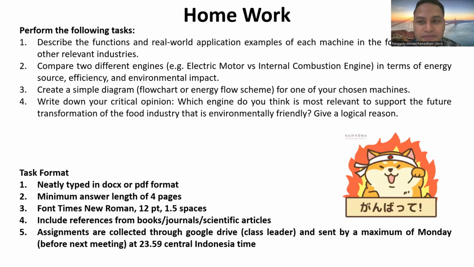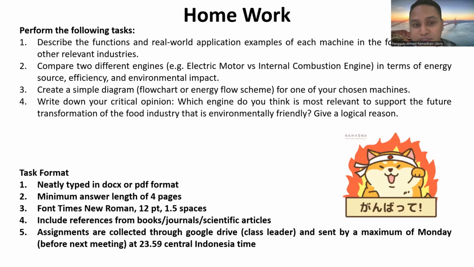And we have a homework that you must do, students, everybody. Please perform the following tasks. One, describe the function and real-world application example of each machine in the food industry or other relevant industries.